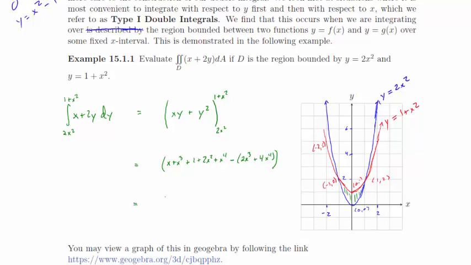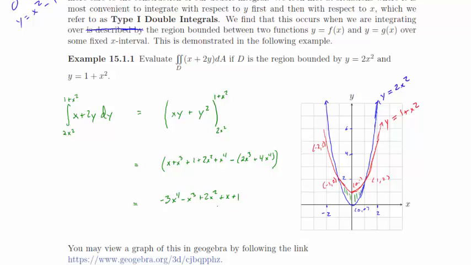And then this simplifies down to, let's see, we have an x to the 4th minus 4x to the 4th is negative 3x to the 4th. We have an x cubed minus 2x cubed is negative x cubed. We have a plus 2x squared. We have a single x, and we have a plus 1. So this all simplifies down to negative 3x to the 4th minus x cubed plus 2x squared plus x plus 1.